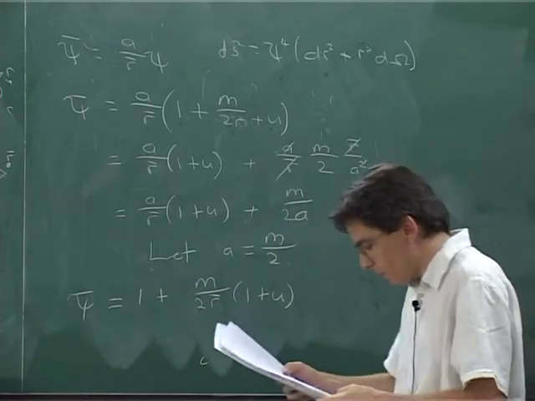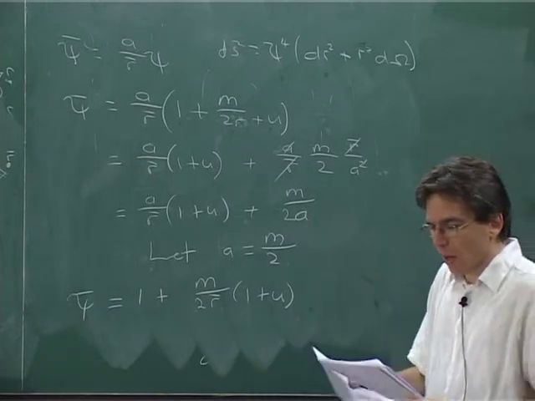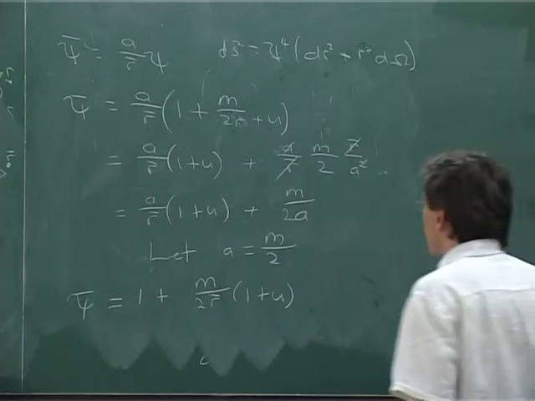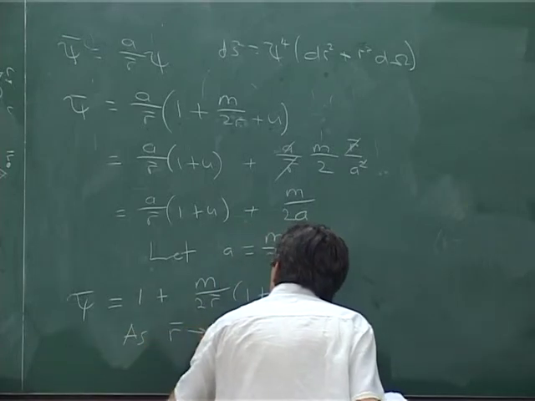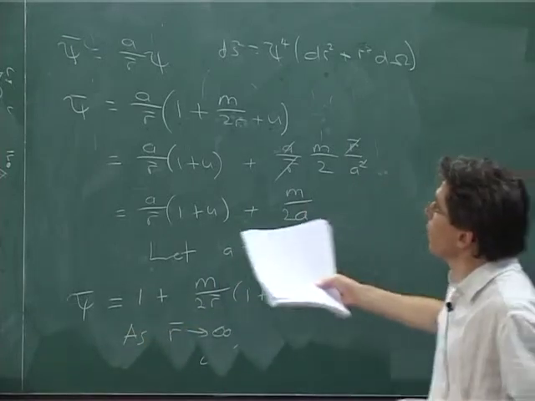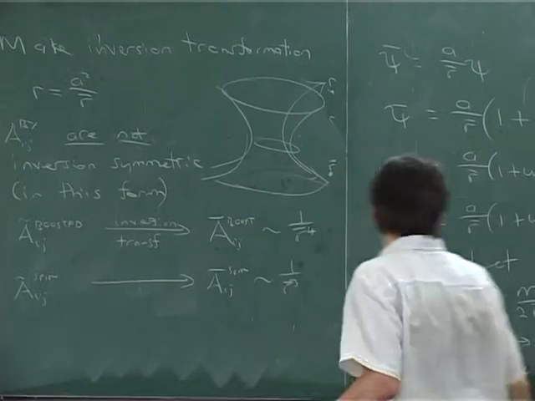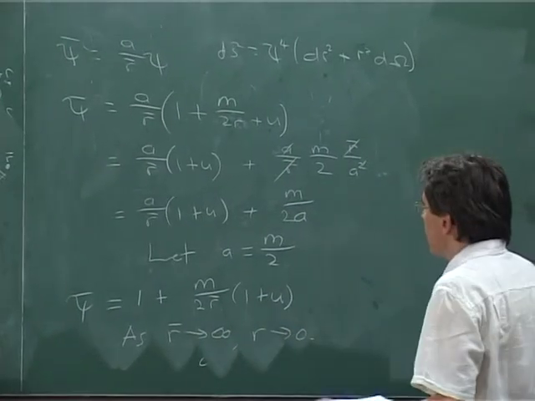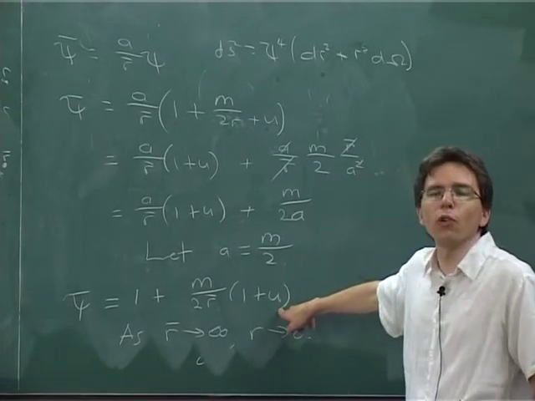Now, psi bar becomes 1. Now, if I take the limit as R bar goes to infinity, R bar going to infinity is equivalent to little r, the regular R, going to 0. As R goes to 0, U is going to go to some constant.